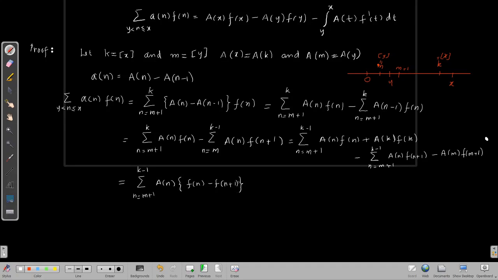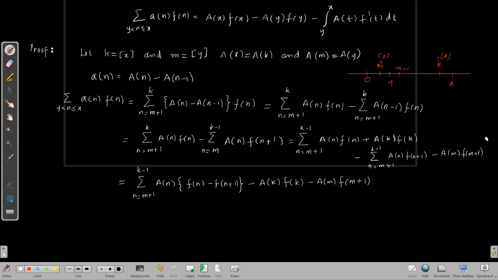The intention is to incorporate the integral into this sum. So the remaining terms are A of k f of k minus A of m f of m plus 1.